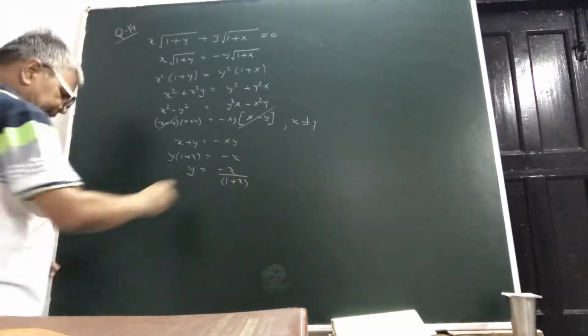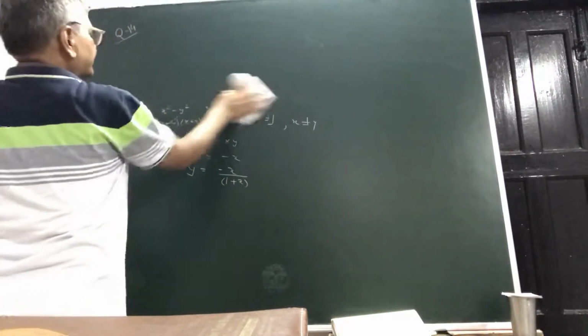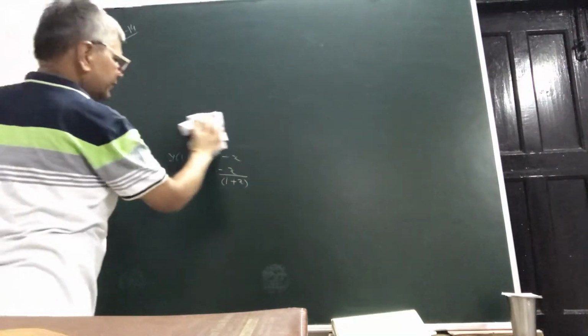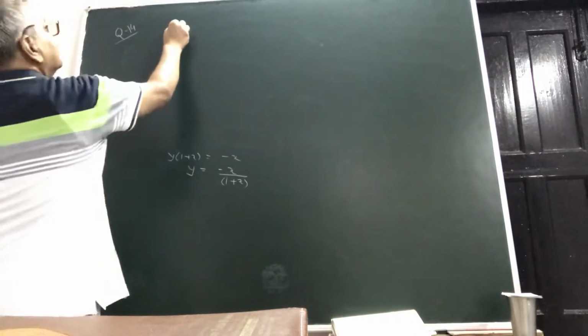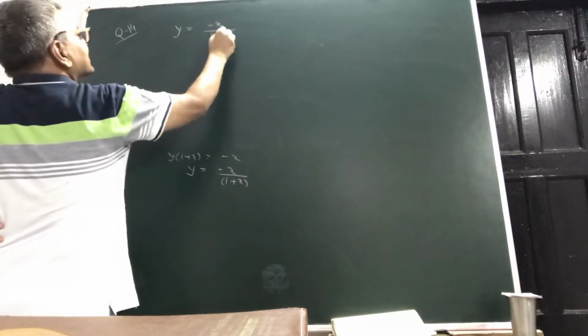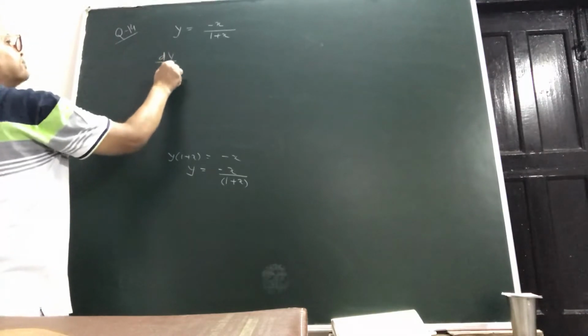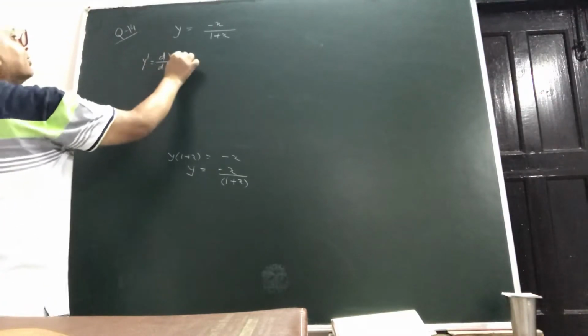Now see, getting the differentiation of this is an easy task. I will do it on the top so that you can nicely look into it. So y is equal to minus x upon 1 plus x, so dy by dx, or y dash, is equal to how much?